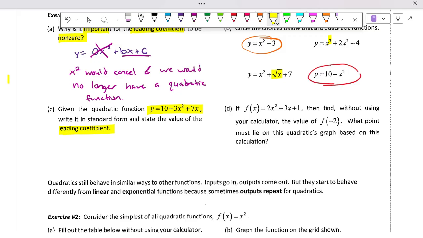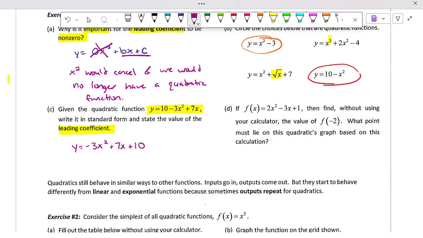So let's go with William. What would be my first term? Right. Y equals negative 3x squared. What's my next term? Caitlin. Good. And so that means we end with the plus 10.